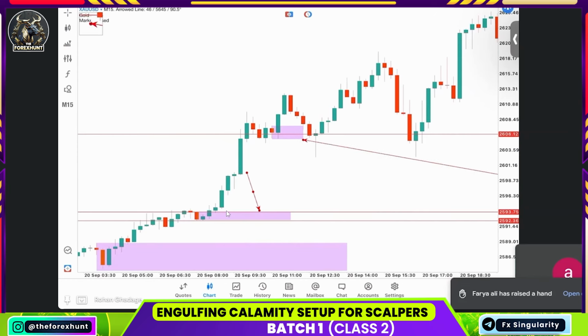No, from this purple box, the lower level. Okay, just place it at a distance of 8 to 10 pips. Let market come 8 to 10 pips above and reject. Yeah, from this lower purple box, because we are looking for buy, place a line so that your SL will become small.